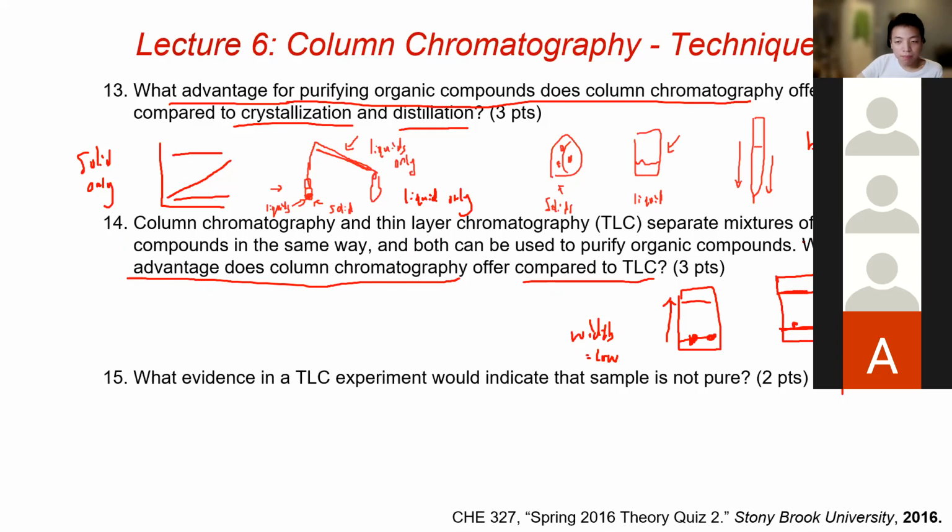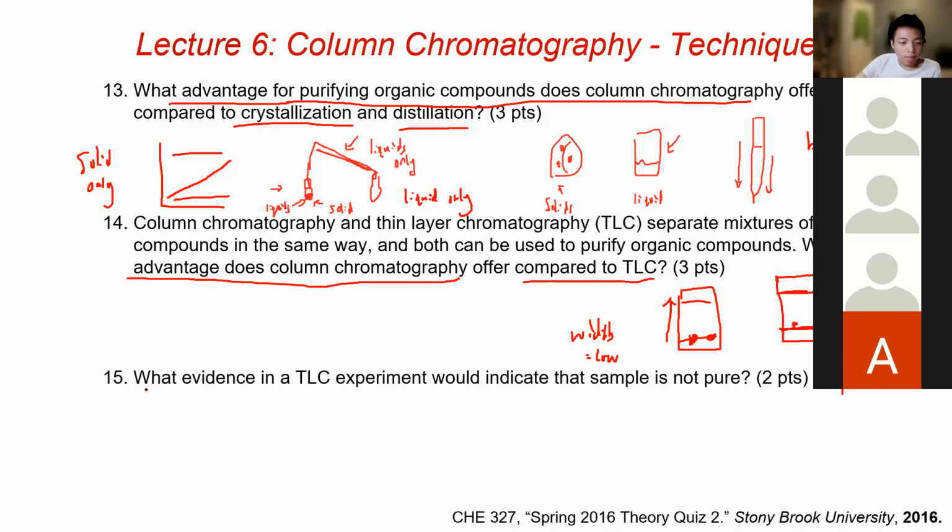Mm-hmm. Whereas in TLC, it's just separating it. Yeah, pretty much. The column is used to separate the compounds and you collect it. And TLC is just more of a visual representation of what the composition in your solution was.